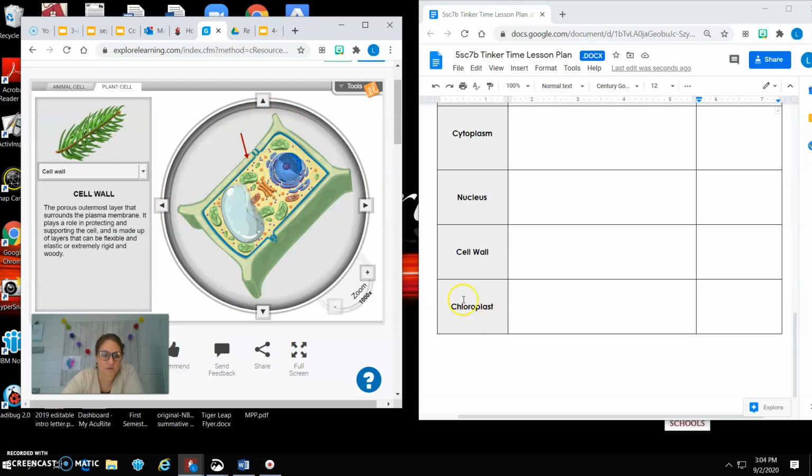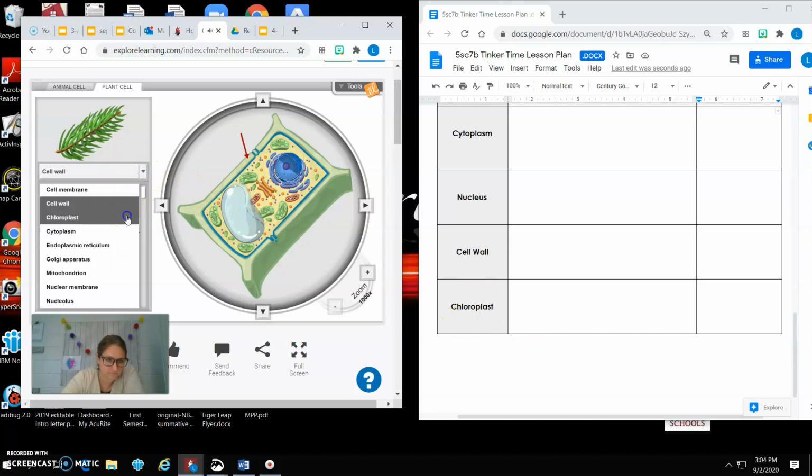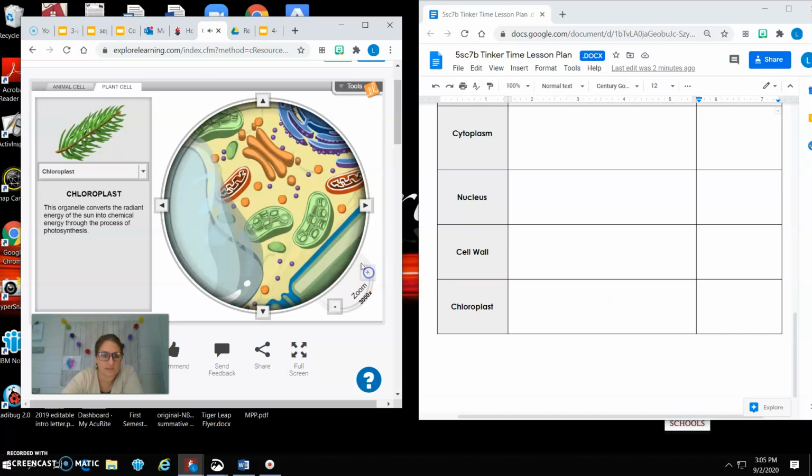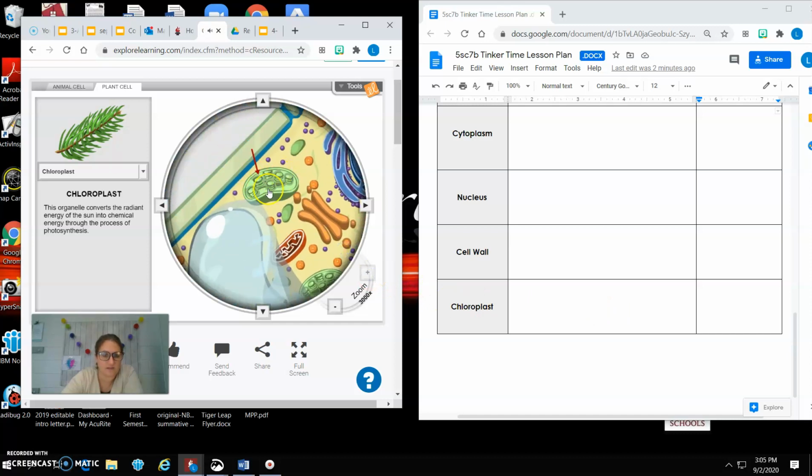And then the last organelle that's different is the chloroplast. The chloroplasts are these green organelles. I want you to write down what shape you notice they are, what color they are. Let me zoom in. Alright, there's the chloroplast.